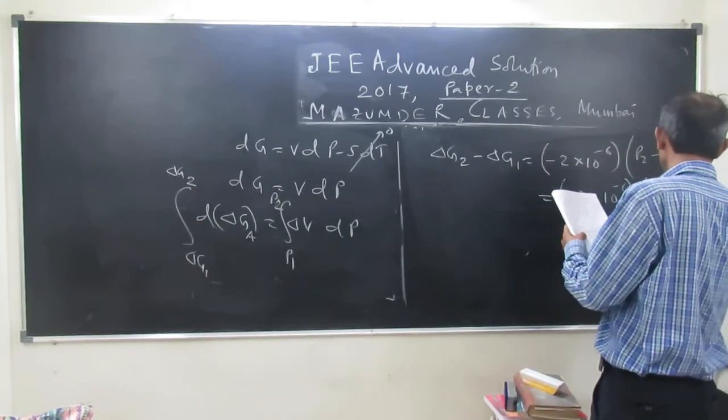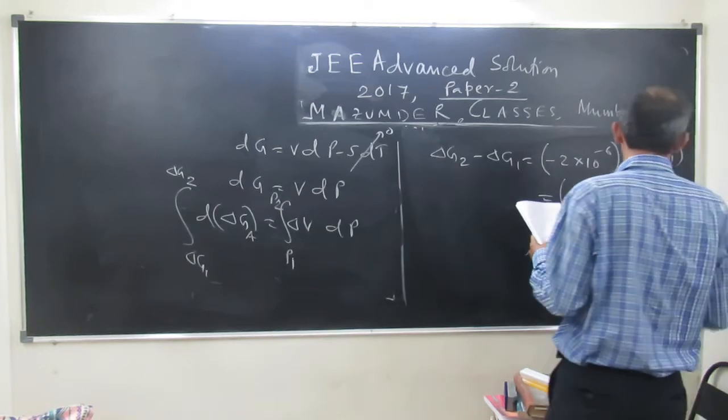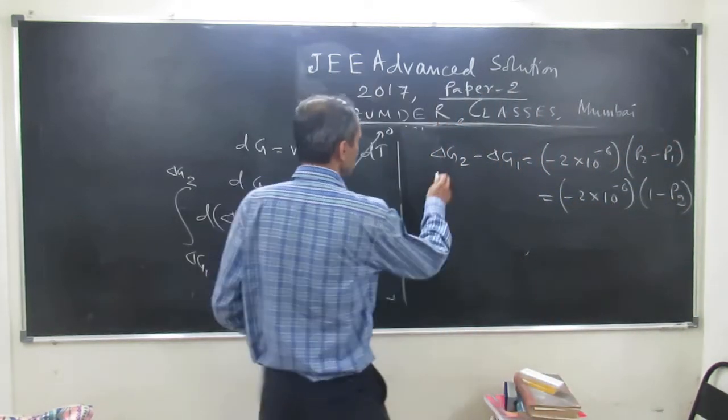Here P1 is 1 bar, initially. Now, what is delta G2 minus delta G1?